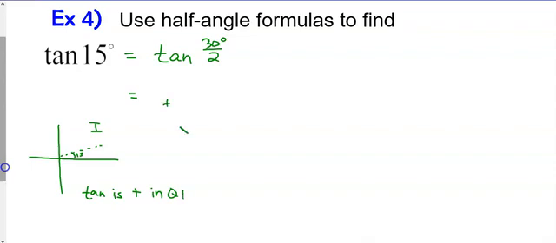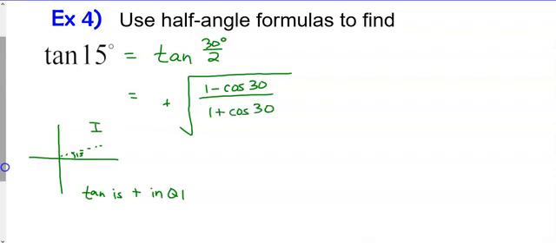So we're going to use a positive version. Tangent is the square root of 1 minus cosine of 30 over, what is it, 1 plus cosine, like so. Okay? So now we need to draw our 30-degree picture.